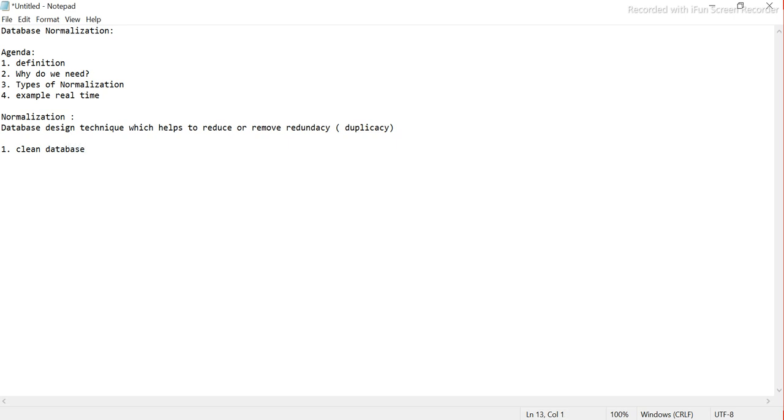Second, an optimized and efficient data model. Because if you are applying all those rules to design your database, then it will be very optimized and efficient for you, and it will not have duplication, etc.